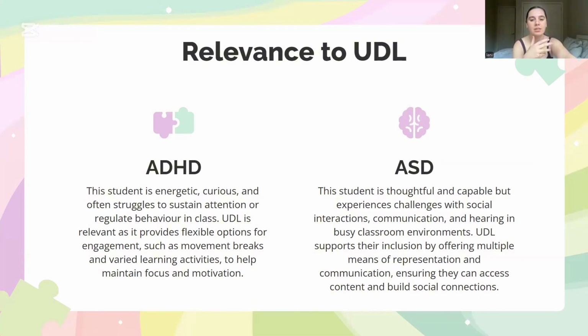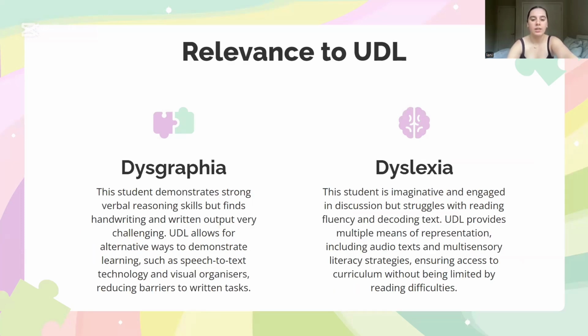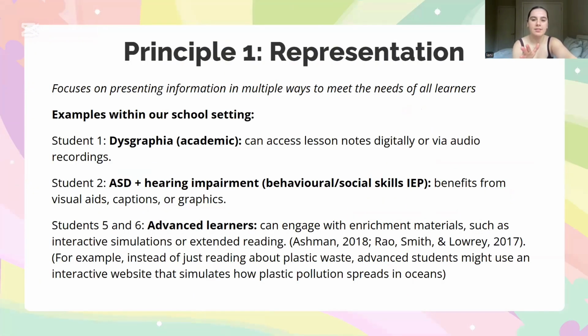But by using this imagined context as an example, we'll be able to explore how inclusive strategies, and in particular Universal Design for Learning, can create opportunities for every student to succeed. So just briefly, Josh will go into more depth about how the principles apply to each of these students, but in terms of relevance to UDL, our student with ADHD is energetic, curious, and often struggles to sustain attention or regulate behavior in class.